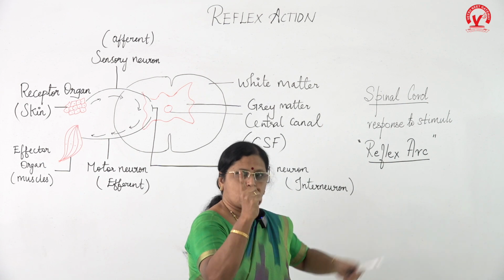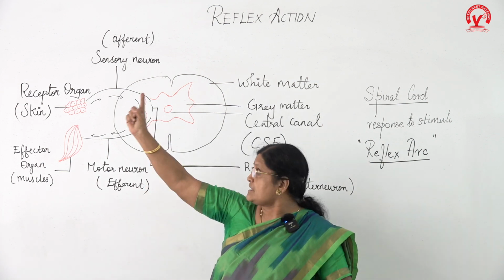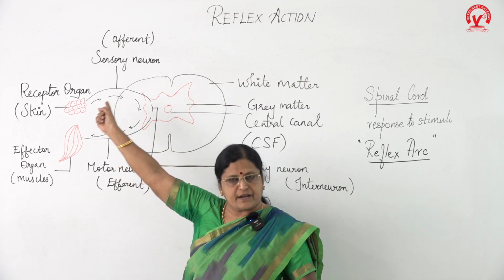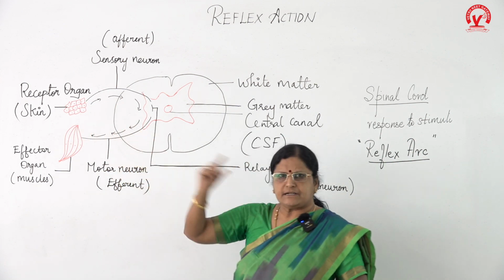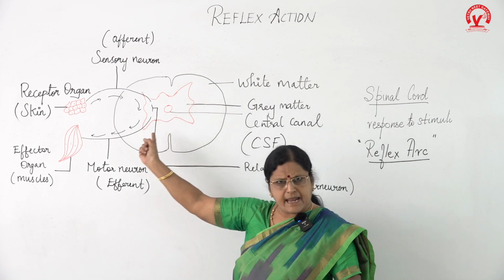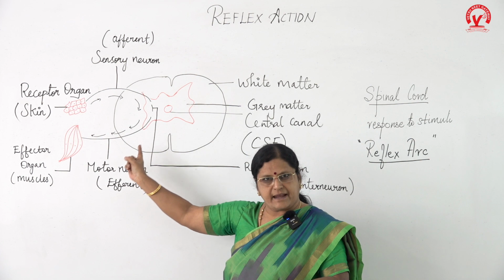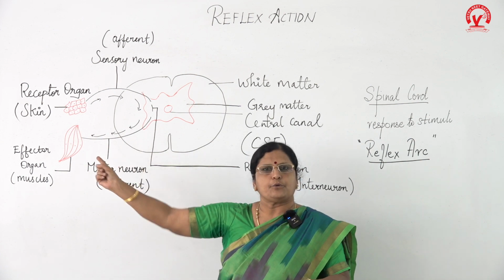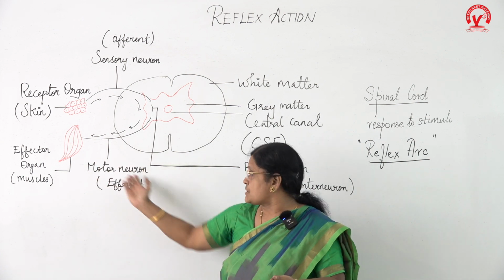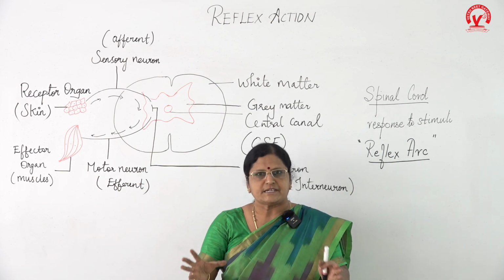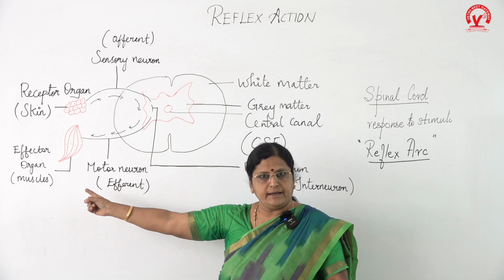The components begin from the receptor organ, carried through the sensory neuron or afferent neuron, transmitted through a bit of neuron called relay neuron, which receives and transmits, and carried via the motor neuron, also called efferent neuron, and finally transmitted to the effector organ.